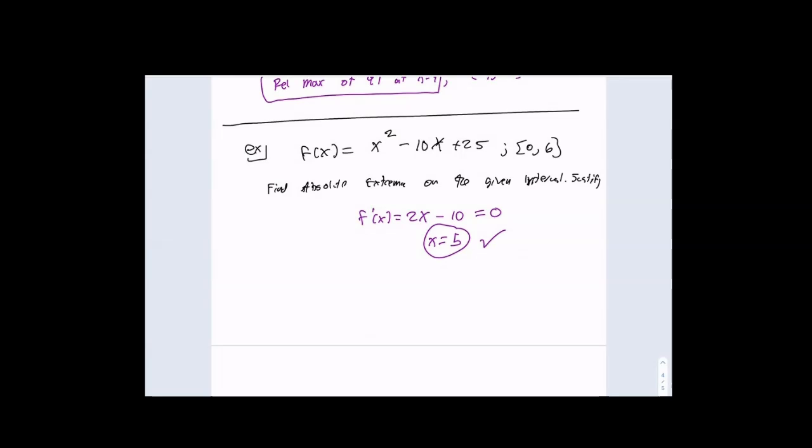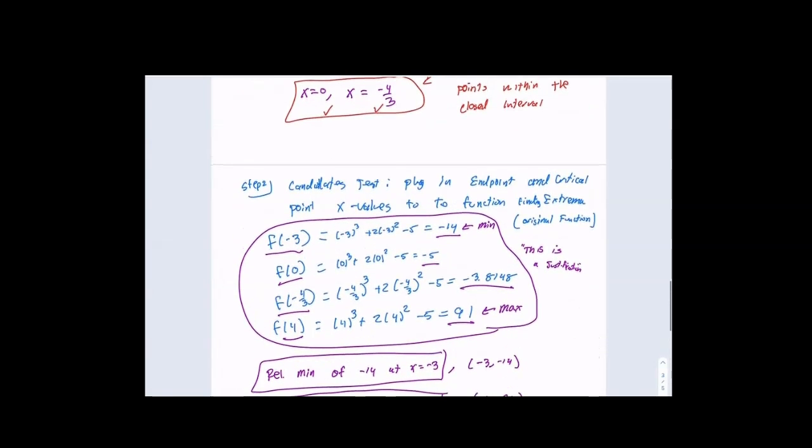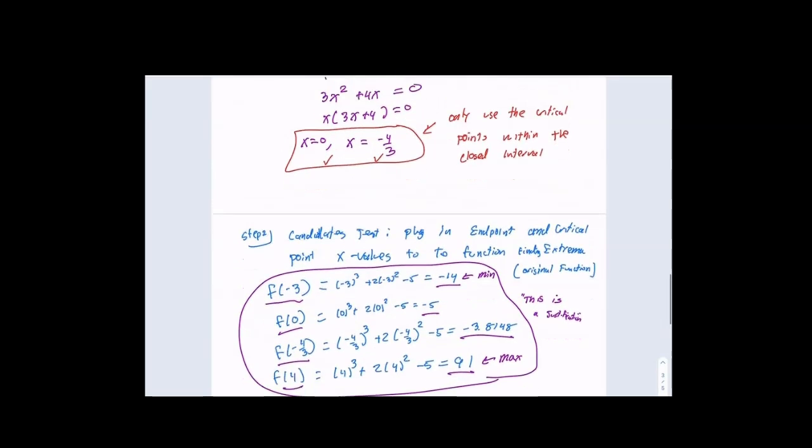What do I do next? So Norda was correct in giving me one of the parts, but she did not give me the entirety of what I have to do next. So what do I have to do next? You can call it by its name. If you can recall that name, you can tell me what to do. What did I do next? Well, step 2. You found the critical points. What do you do next?